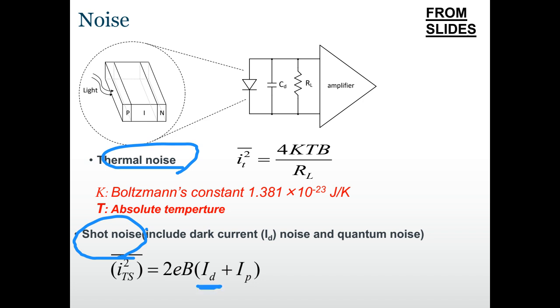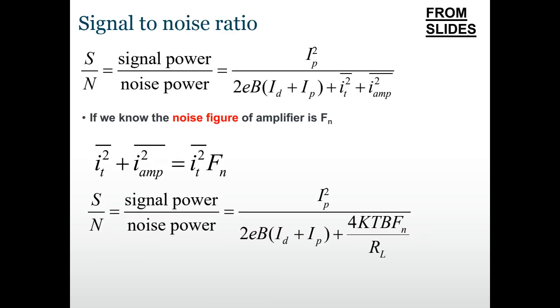The whole shot noise power is related to the total current multiplied by the total bandwidth, and e is the charge of an electron. Another part is the thermal noise, which you need to multiply with a noise figure.